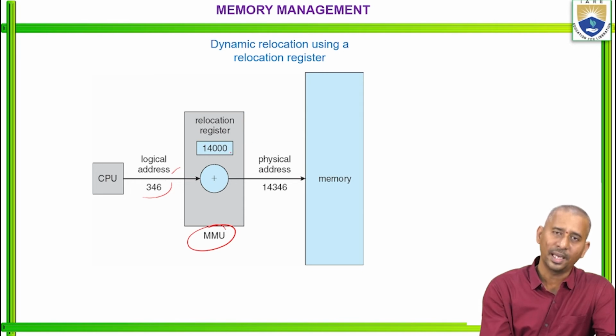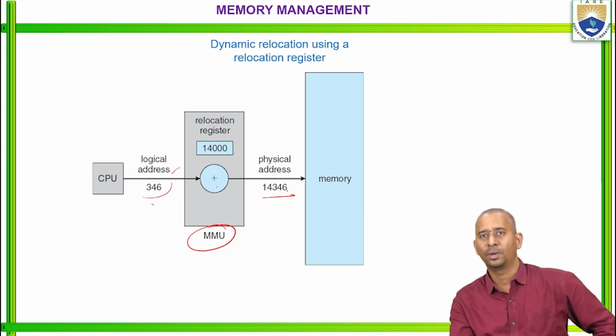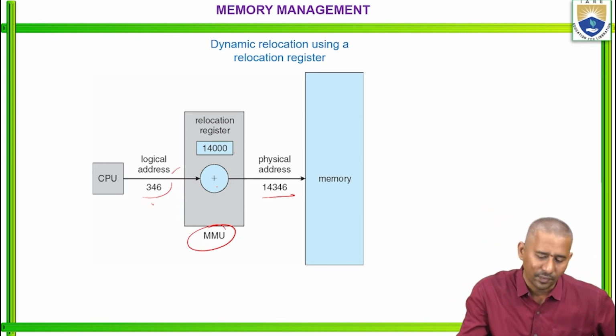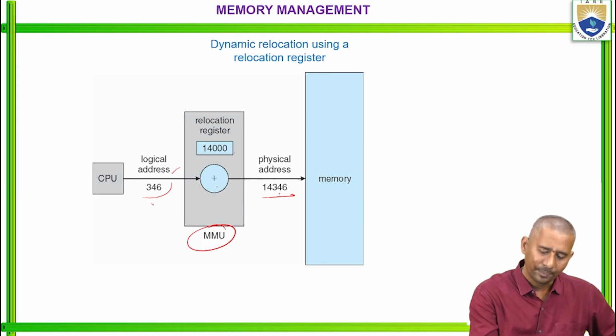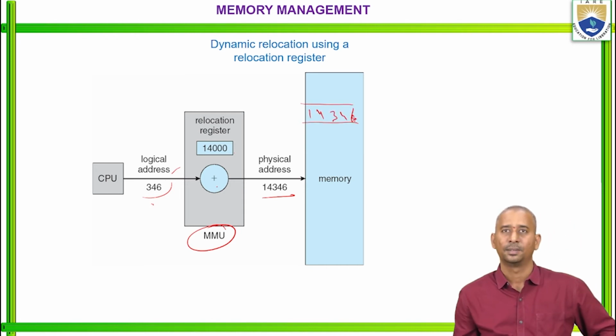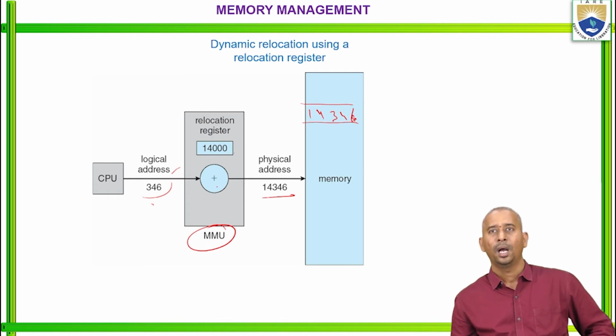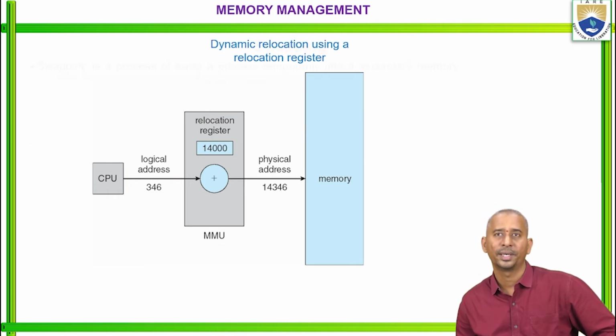The relocation register is combined with the logical address 346 and produces the physical address, 14000 plus 346, which is 14346. So in memory it occupies location 14346. This is dynamic relocation using a relocation register.